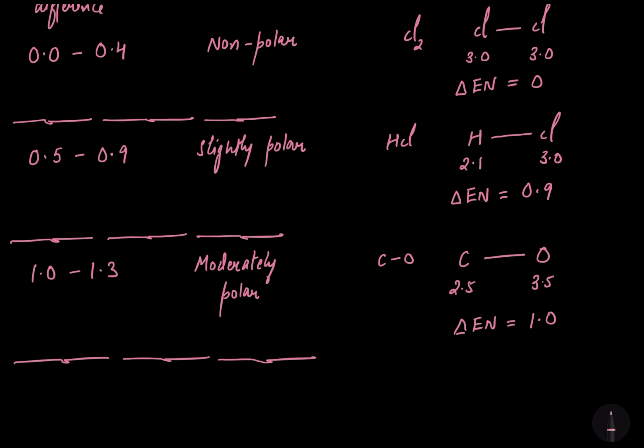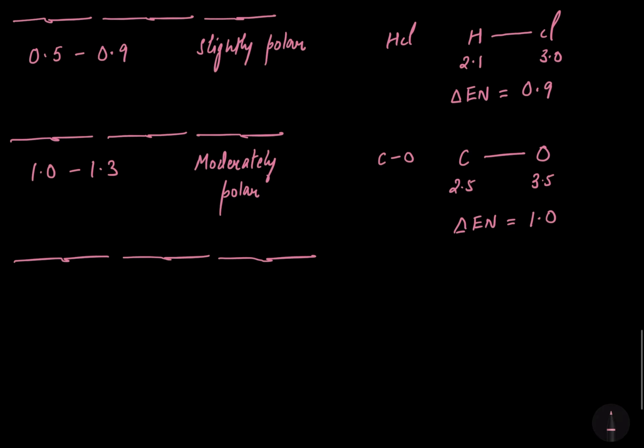If electronegativity difference is in the range of 1.4 to 1.7, then that bond will be highly polar. For this case, I am taking the example of bond between oxygen and hydrogen.